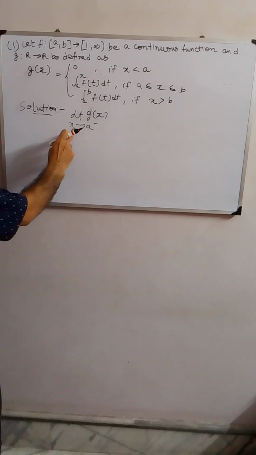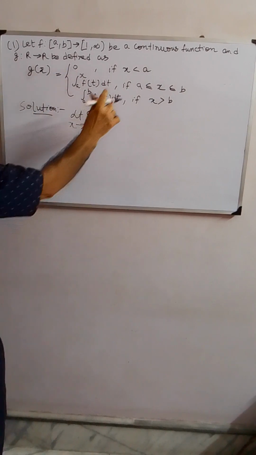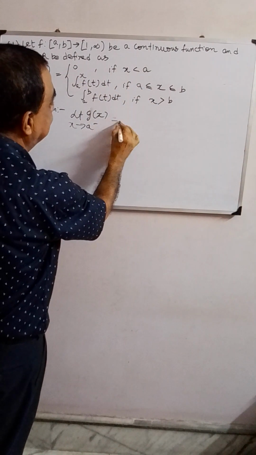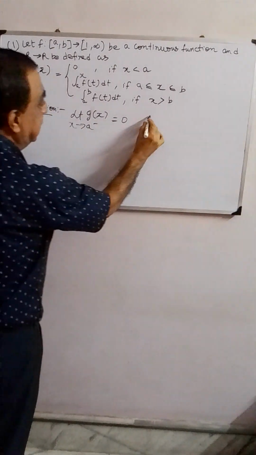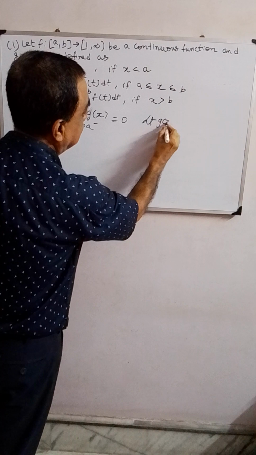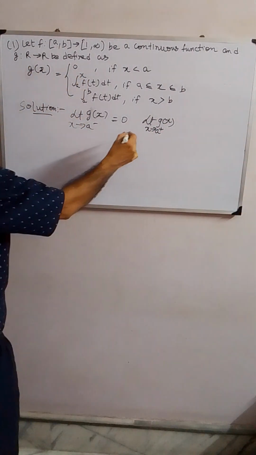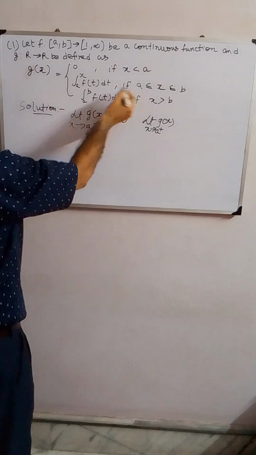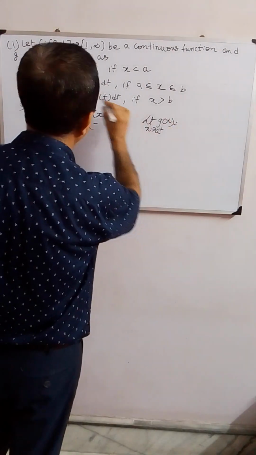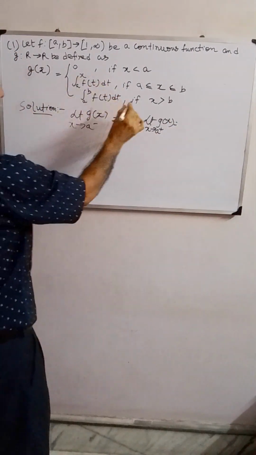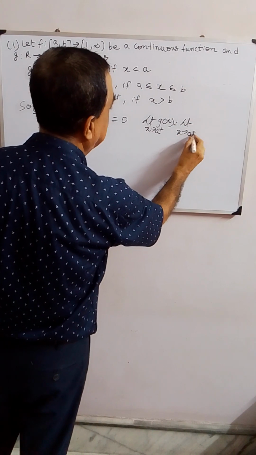When the value of x is less than a, g(x) is equal to 0, as given here. So this is equal to 0. And the limit of g(x) when x tends to a plus, that means the value of x is greater than a, what is the value of g(x)? It is given here.